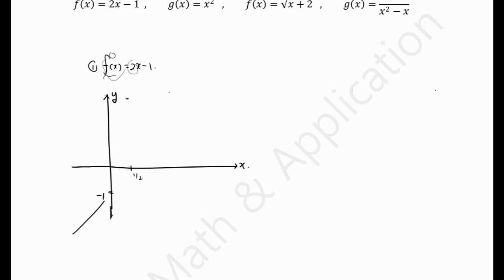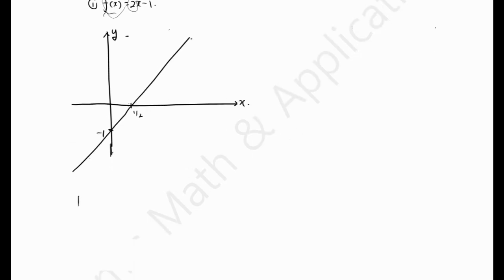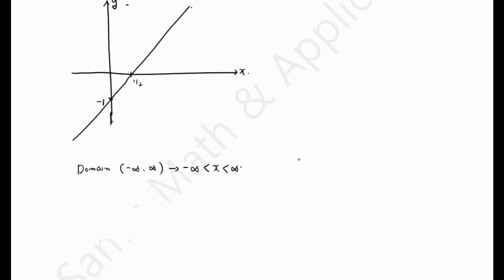The graph is this. So the domain is minus infinity to infinity. It means x is greater than minus infinity and less than infinity. How about range? Range is also minus infinity to infinity.